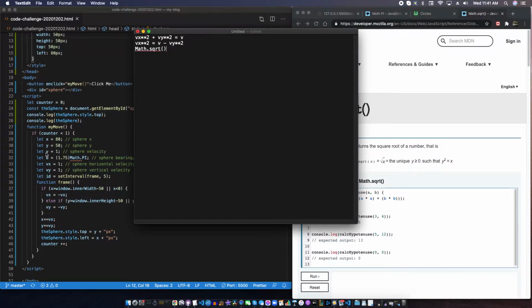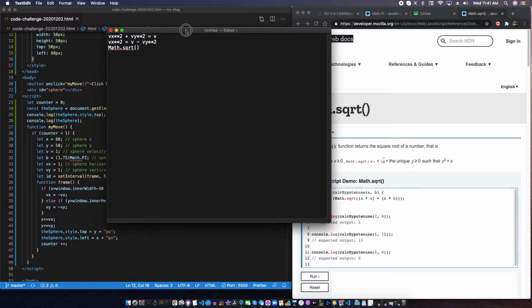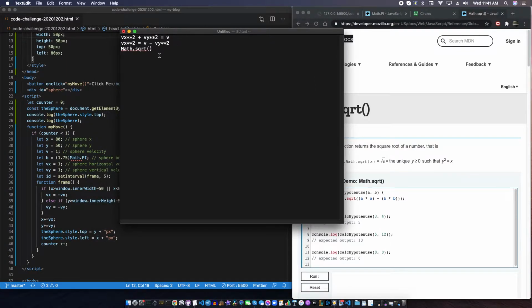The hypotenuse is V. And we are trying to find out the, well, we're going to be taking the sine and the cosine. So math, square root of Vx squared. Oh, I know what that is. It's just Vx. We've already solved for Vx. Equals math dot square root of V minus Vy squared.